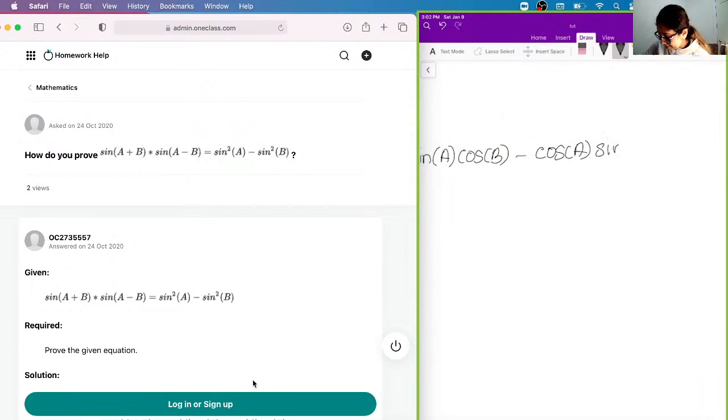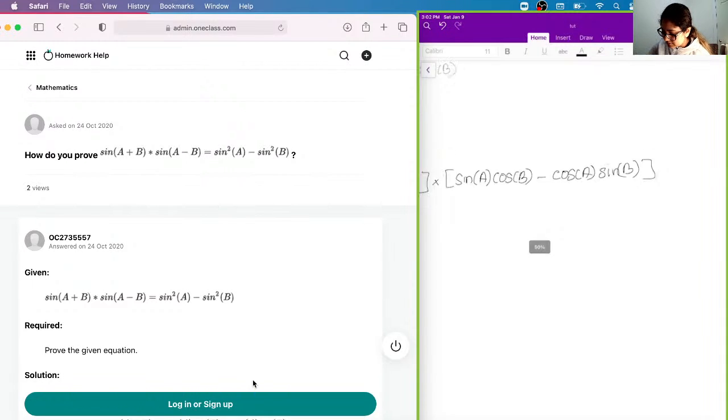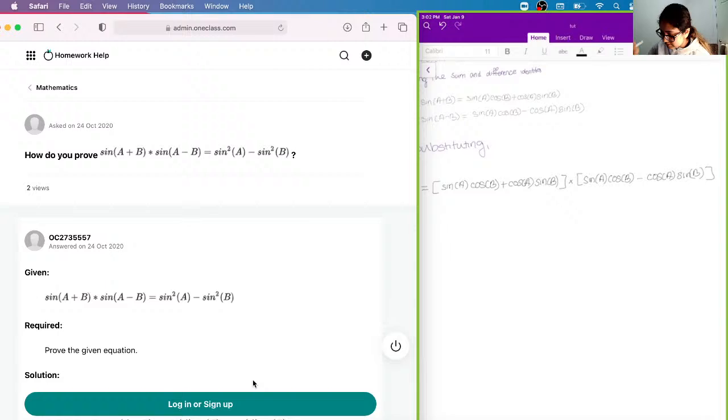Right? And so as you can see, we just substituted this into our equation. So we got this full equation right here.